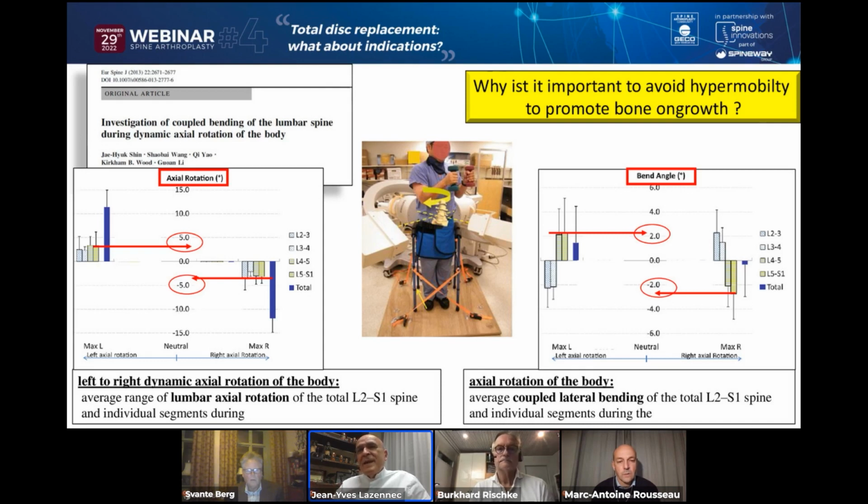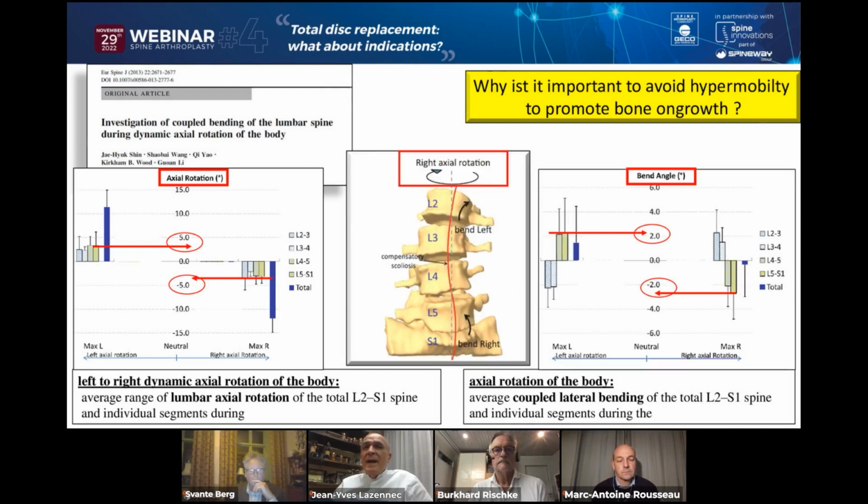Probably between bending and axial rotation, the most deleterious movement to make the patient aware of is axial rotation. I say this to my patients since years. So it is a summary of this very interesting paper you can find. You have a kind of functional scoliosis when you do rotation.